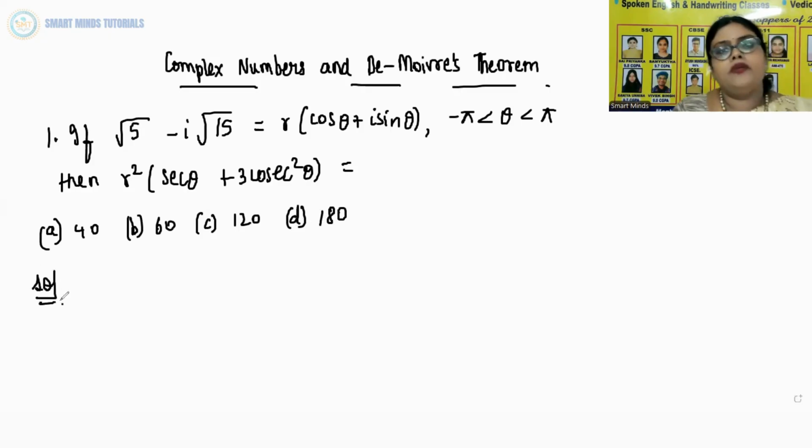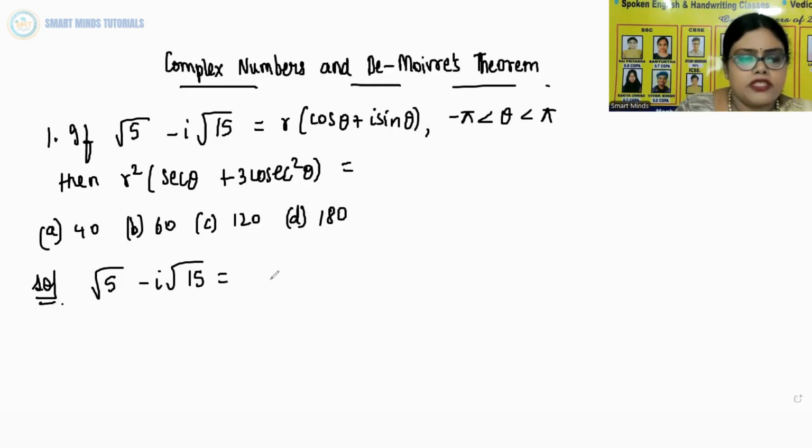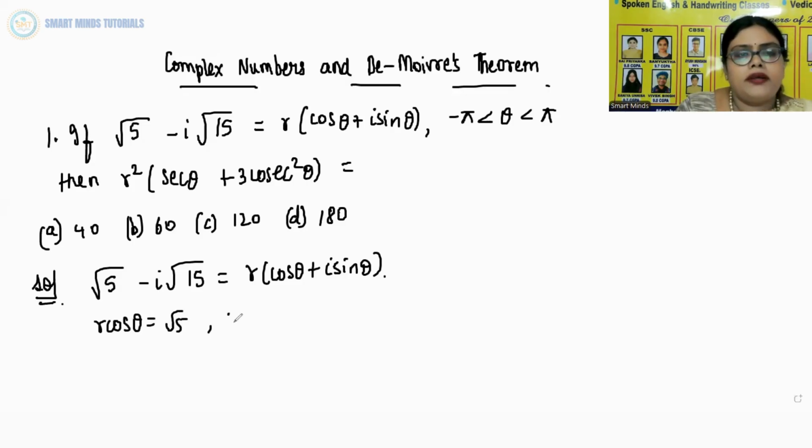So let's see how do we solve it. So what is given to us? Root 5 minus i root 15 equals r into cos theta plus i sin theta. Now if you compare both real and imaginary parts, you will get r cos theta equals root 5 and r sin theta equals minus root 15.